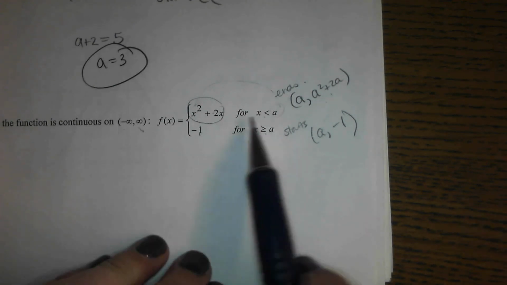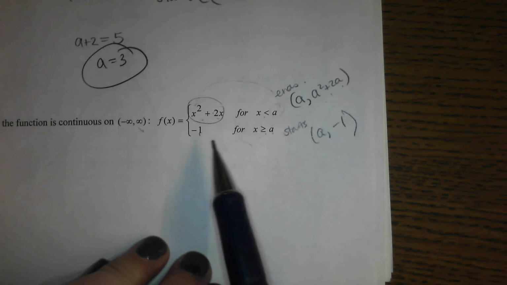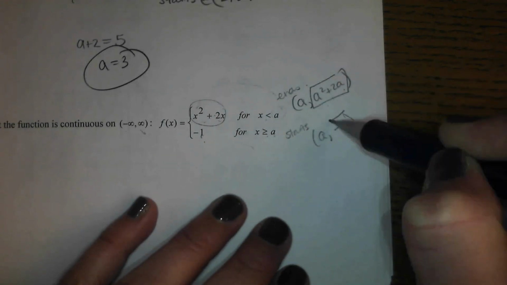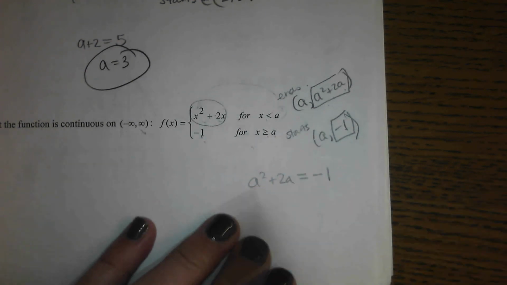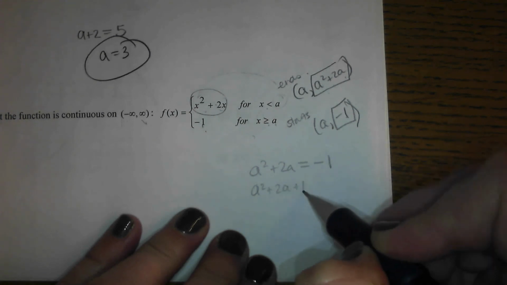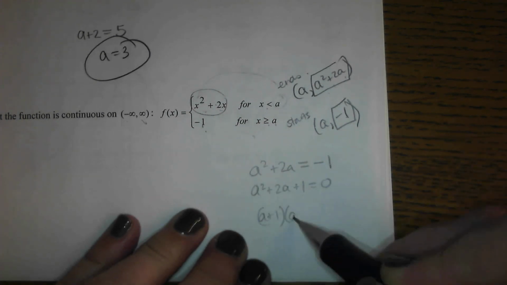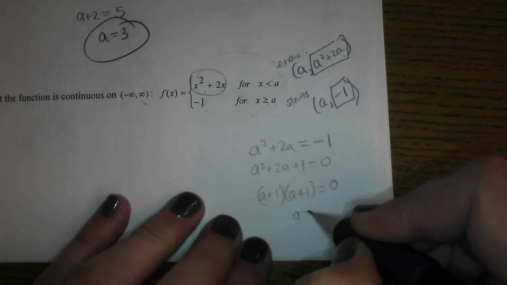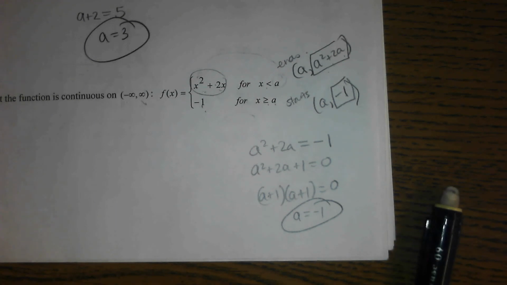So I plugged in a to the first one to get my y coordinate of a squared plus 2a. I plugged in a to the second one to just get -1. And then those two y coordinates need to equal each other. So a squared plus 2a needs to equal -1. If you solve that quadratic, you have to add your 1 over. You have to factor: a plus 1 times a plus 1 gives you 0. And then a equals -1, which is what we visually gathered from the graph.